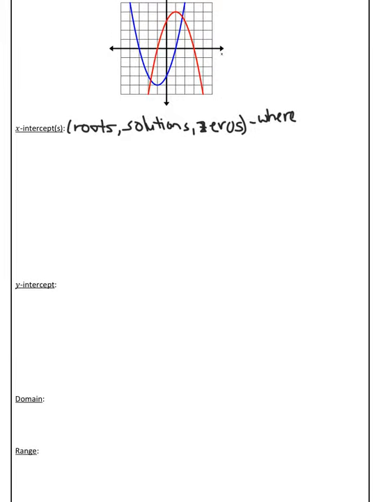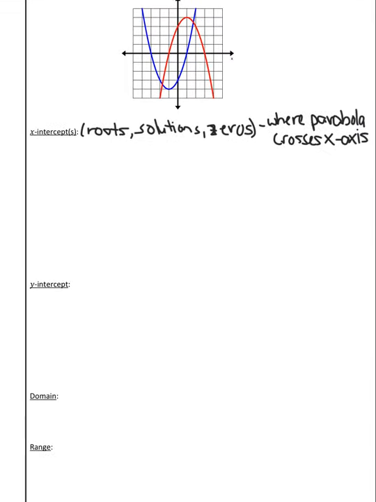So it's where the parabola crosses the x-axis, is the x-intercept.